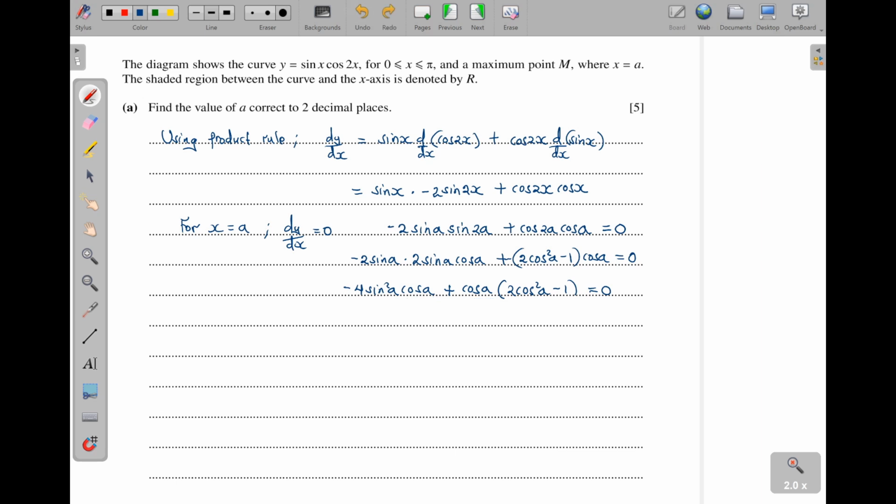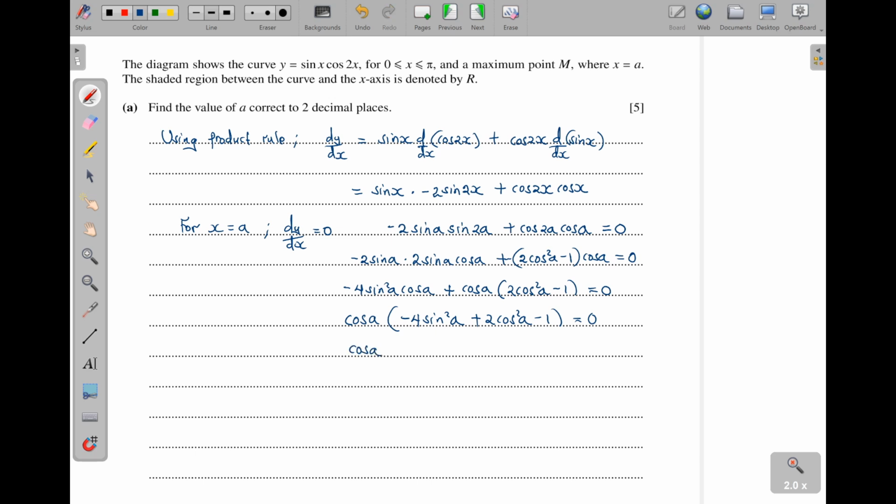So what I can do is to first factorize it out. Then here we get negative 4 sine squared a, then plus 2 cos squared a minus 1, which is equal to 0. But I can express either cos squared in terms of sine squared or sine squared in terms of cosine squared. So whichever you want, that is what you can do there.